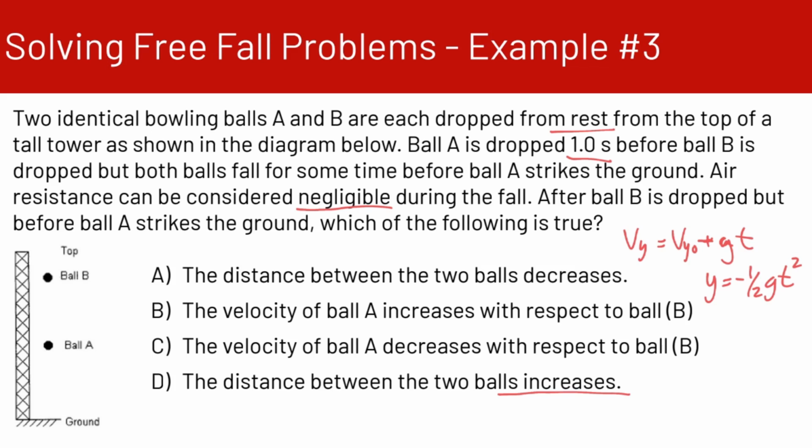So after 1 second, ball A is at minus 5 meters and ball B is at 0 meters. The next second, ball A is at minus 20 meters and ball B is at minus 5 meters. The next second, ball A is at minus 45 meters and ball B is at minus 20 meters, and so on and so forth. So you can see that that distance is increasing as they fall. So the correct answer here is D.